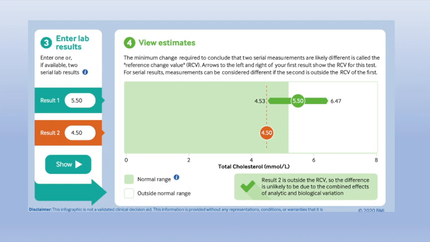This means that the value of 4.5 is just outside the reference change value. It therefore means that this result is unlikely to be due to the combined effects of analytical and biological variation.